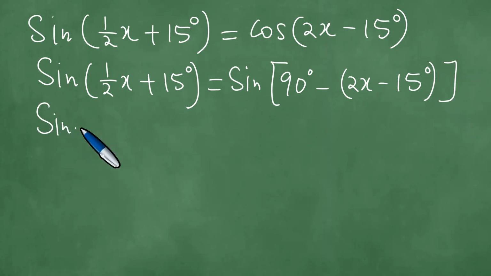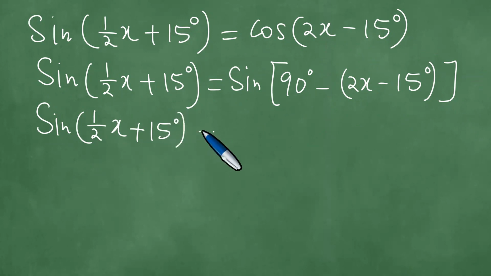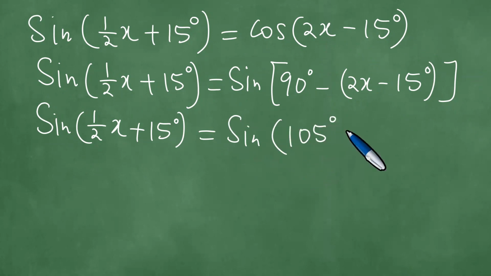The sine of 1/2 x plus 15 degrees. Right, so we have 90 plus 15, which is exactly the sine of 105 degrees minus twice x. And what is this?